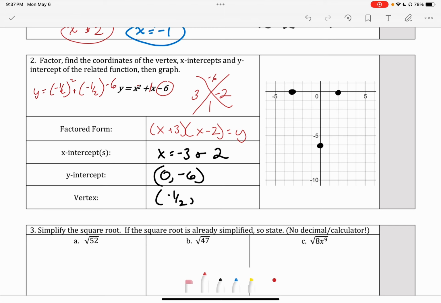If we evaluate that, negative 1/2 squared is positive 1/4, minus 1/2, minus 6. 1/4 minus 1/2 is negative 1/4. And then that minus 6 would be negative 6 and 1/4.